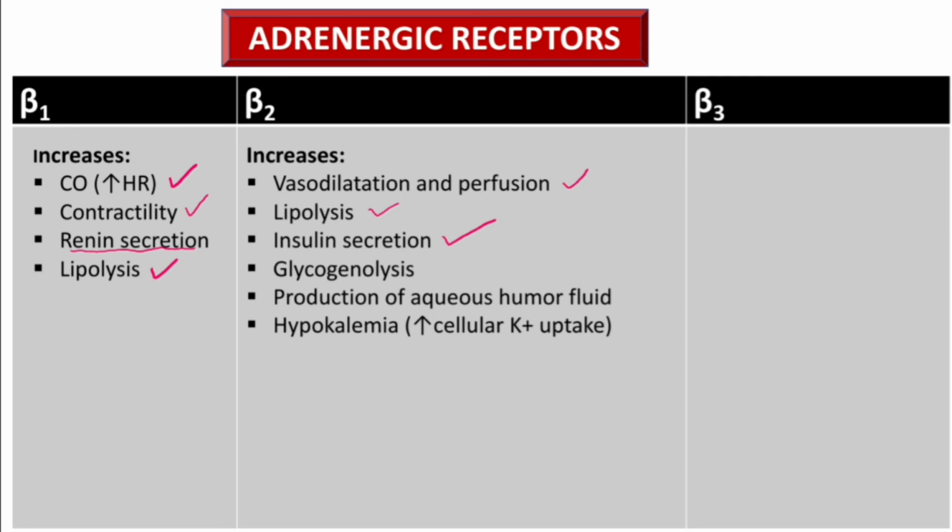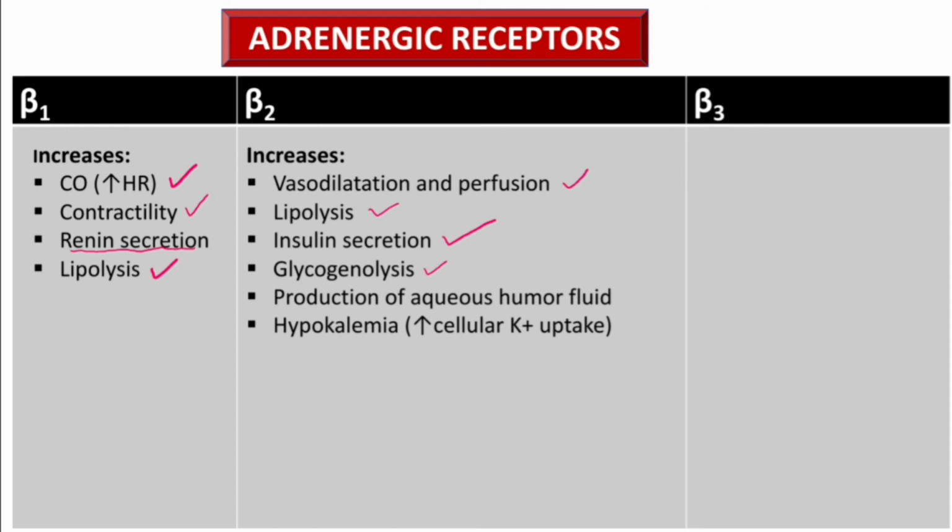I told you about this presence of alpha 1, alpha 2, and beta 2, right? So if you stimulate beta 2, it means there will be release of insulin. It increases insulin secretion, and also it will increase glycogenolysis. Glycogenolysis is the breakdown of glycogen into glucose, the monomers.